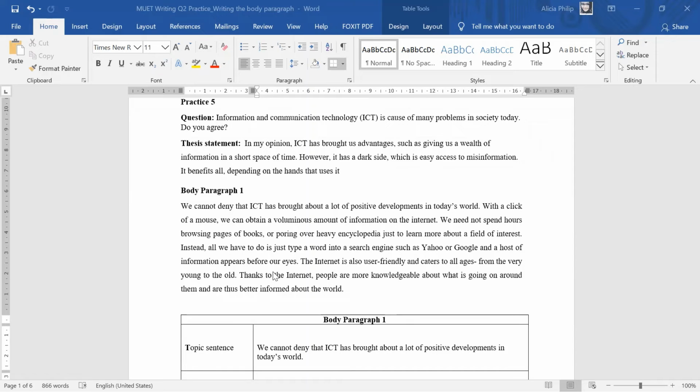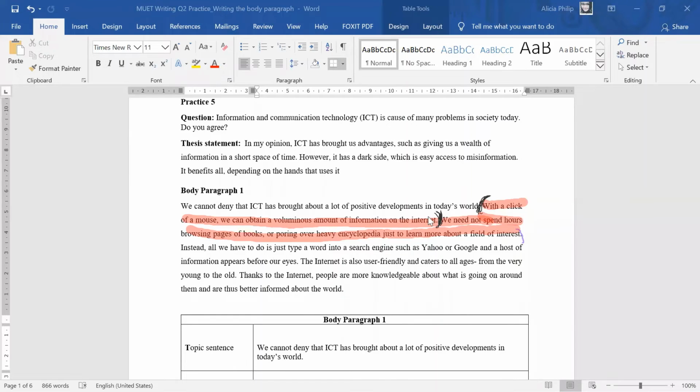Now, next is the elaboration. Which part is the elaboration? Okay, not until there. Where are you going?